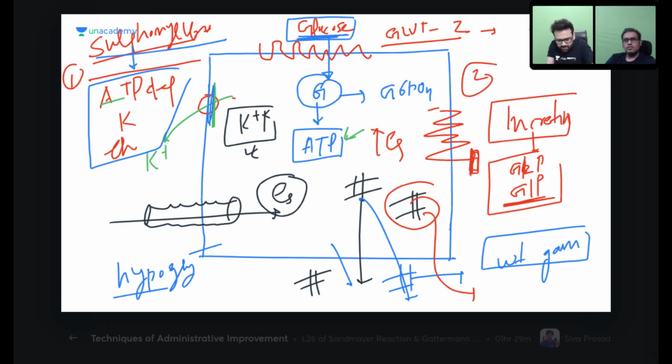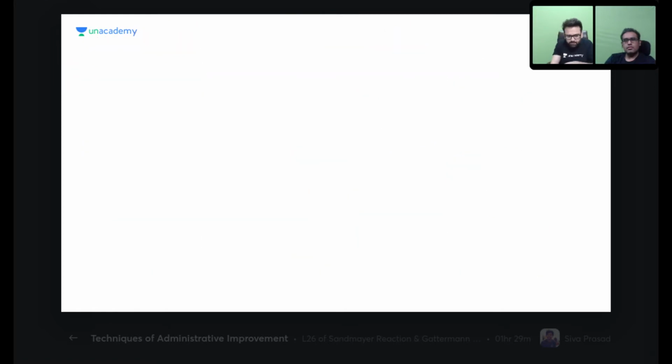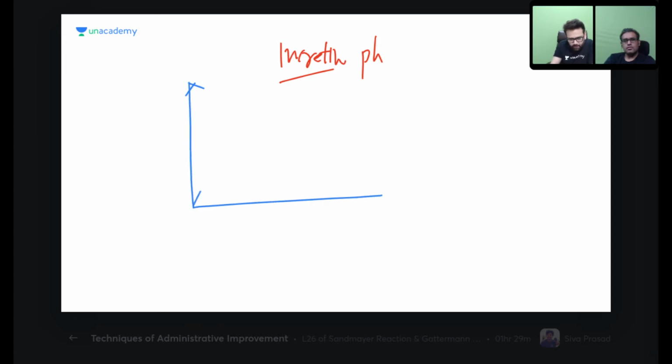And if you remember these incretins, what is the incretin phenomenon? From there, this word has come. So if you give glucose orally and IV, release of insulin will be more if you give glucose orally than IV.